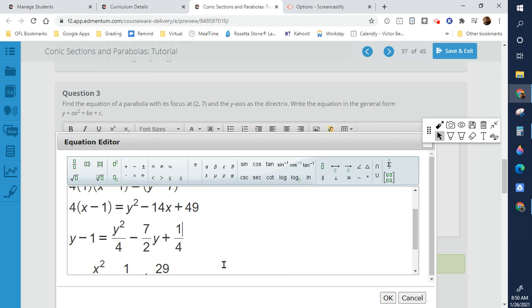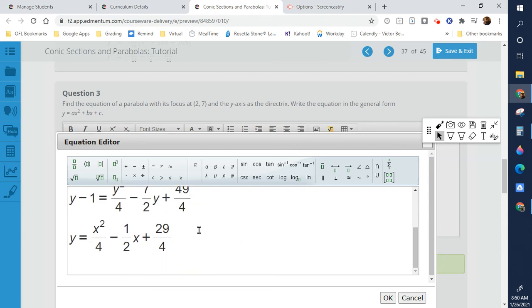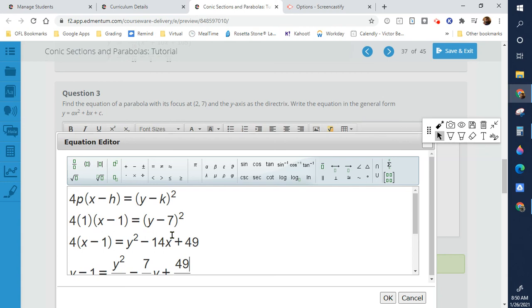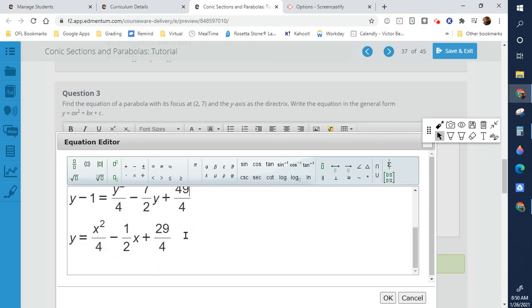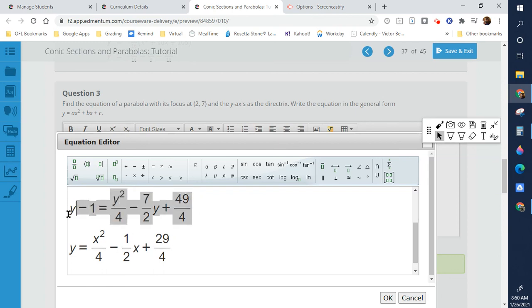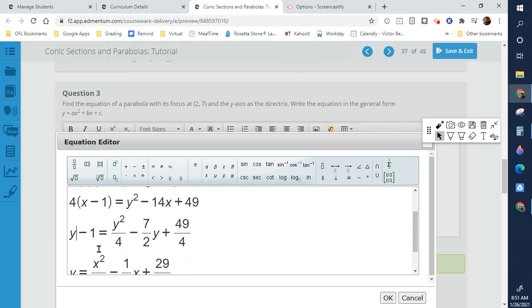This can't really be reduced, so it stays at 49. And it should be negative, so that's correct so far. And then we're going to add. So let me just copy this. Oh, and this should be an x.